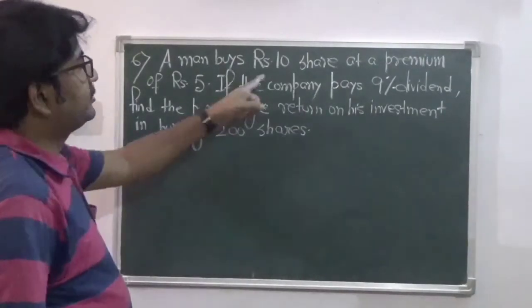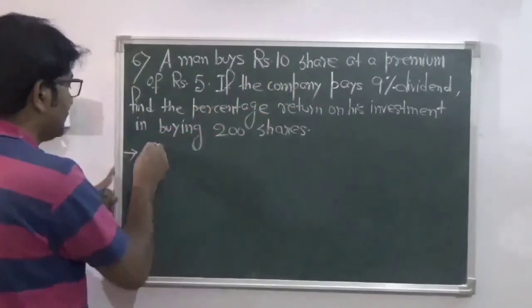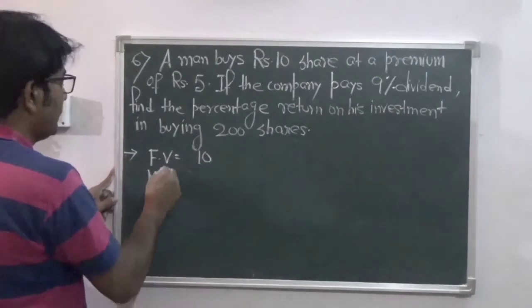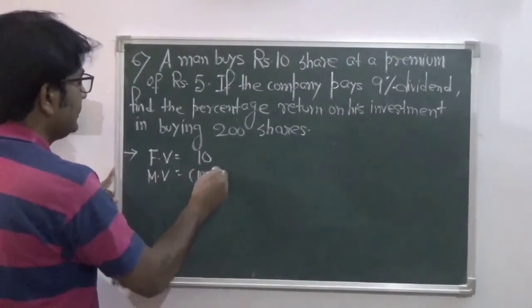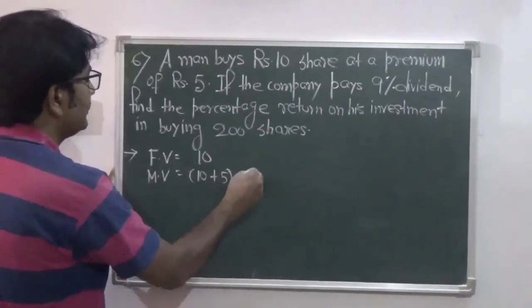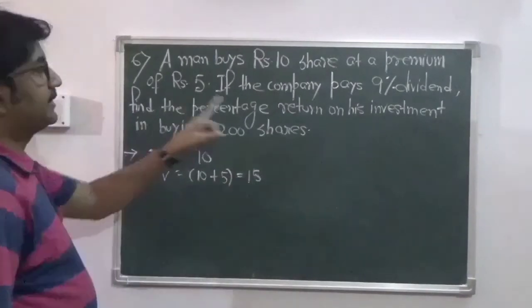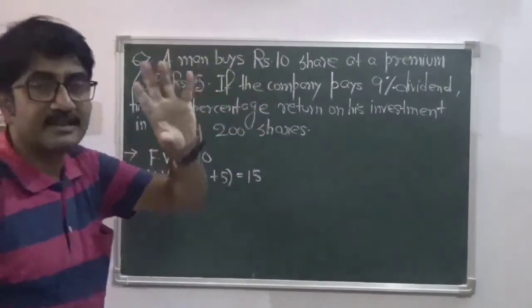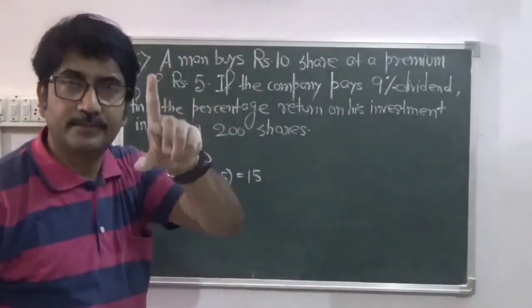A man buys ₹10 shares at a premium. First of all, the face value is ₹10. The market value is 10 at a premium of ₹5, that is ₹15. Now the company pays 9% dividend on the face value.